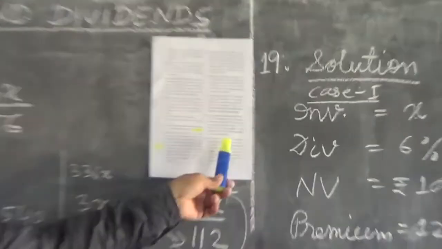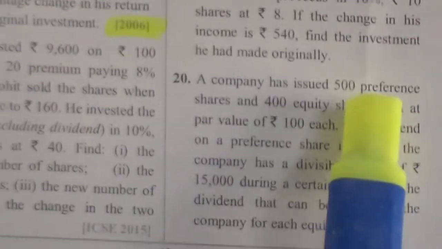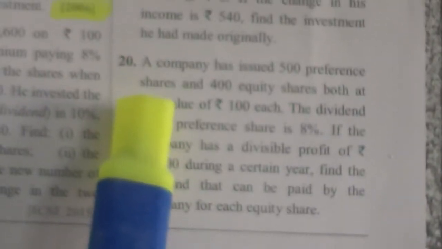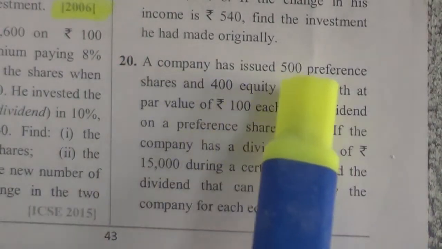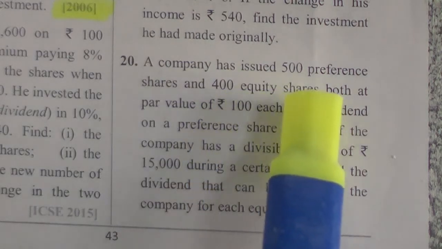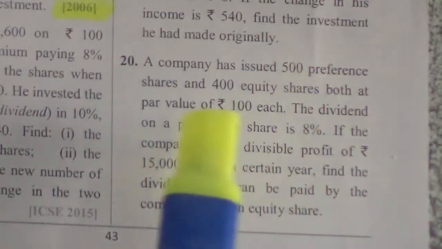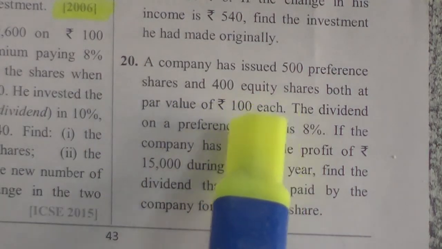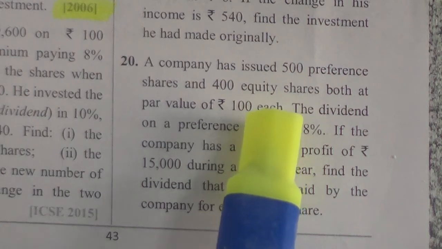A company had issued 500 preference shares. Remember, a company had issued 500 preference shares and 400 equity shares, both at par value of rupees 100 each.